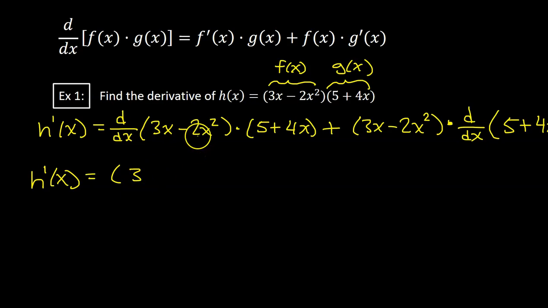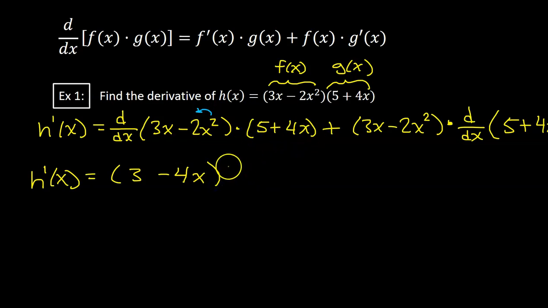Then I do the derivative of negative 2x squared. Using the power rule, I take this exponent of 2 and multiply it by the negative 2. So that's going to give me negative 4. And then I reduce the power by 1, so then it'll just be x.